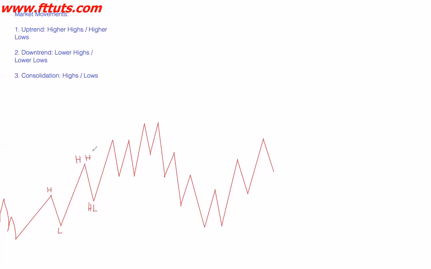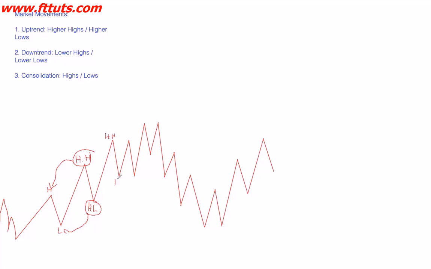So this is called a higher high because this high is higher than our previous high. Now, this is called a higher low because this low is higher than our previous low. So it's as simple as that. So now this is a higher high.